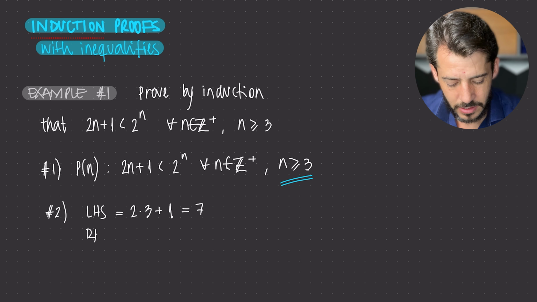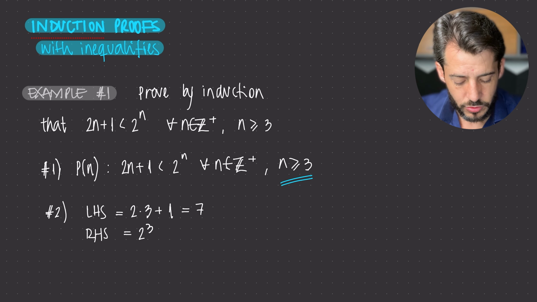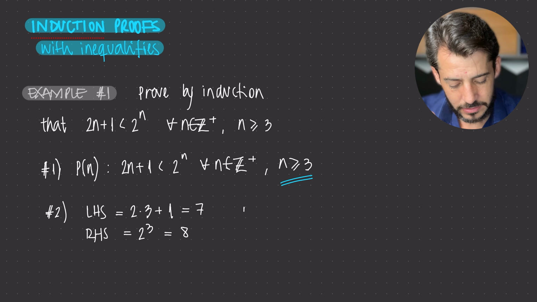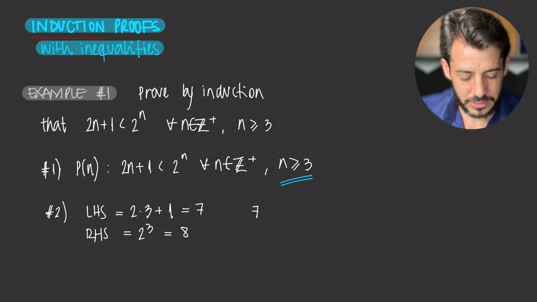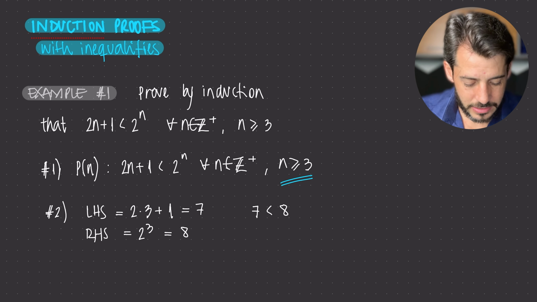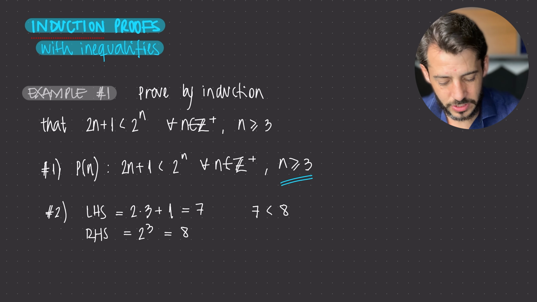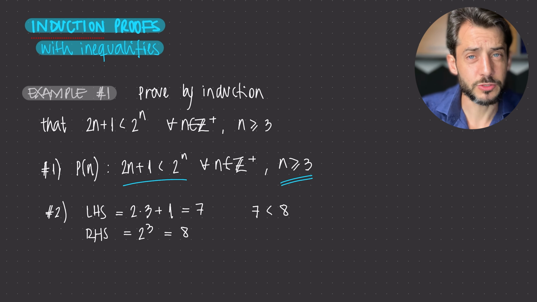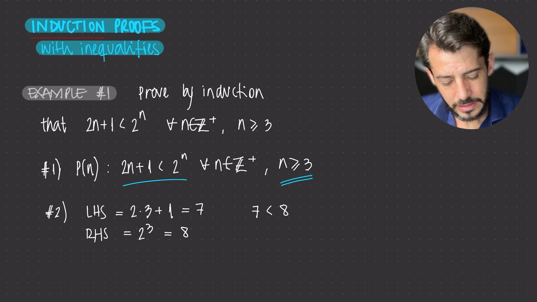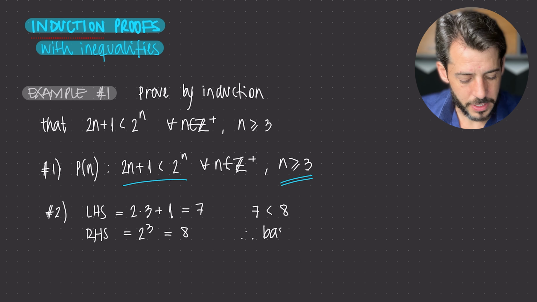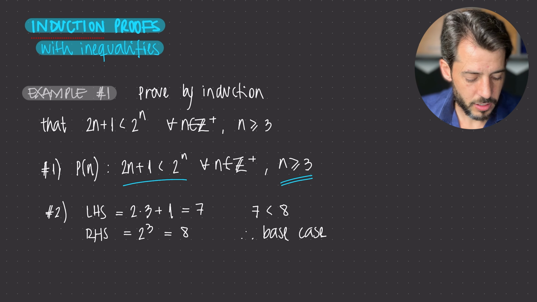And the right-hand side is equal to 2 cubed, which is equal to 8. Now, the left-hand side is less than the right-hand side, which is what we're trying to prove. Therefore, the base case holds.